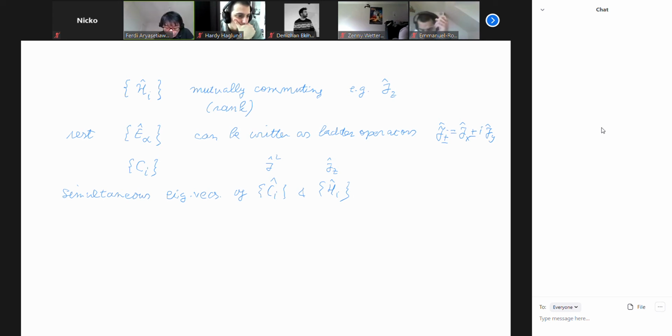So I can label the eigenstate with the eigenvalues of the Casimir operators and with the Hi.